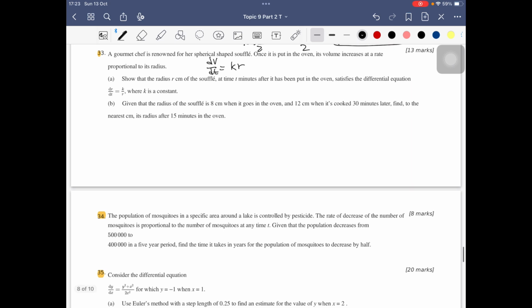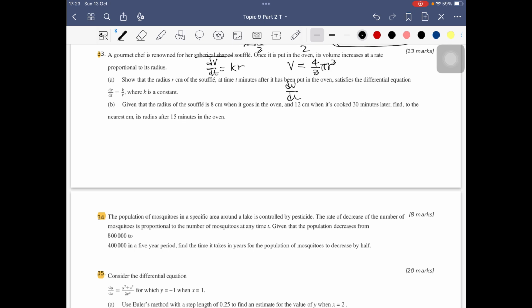Because this is a spherical shape, so volume, this is dV and dt. So we need to find the relationship between volume and radius. And we know already 4 over 3 pi r cubed.